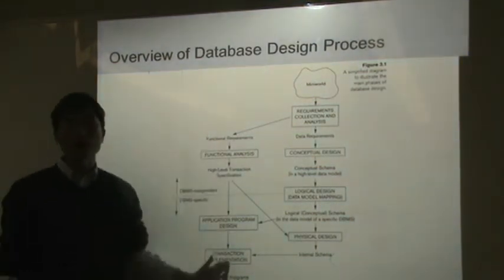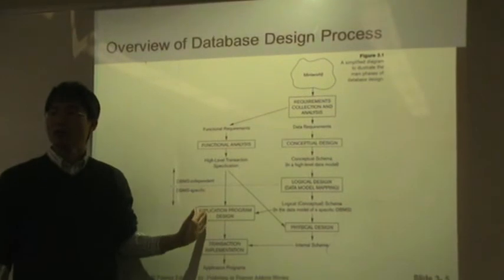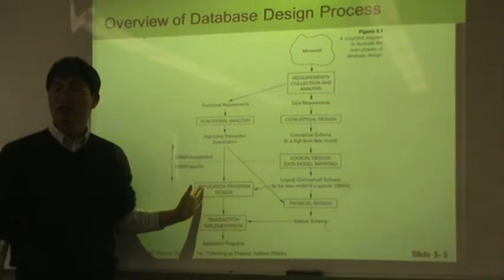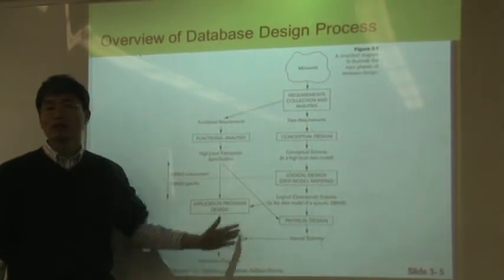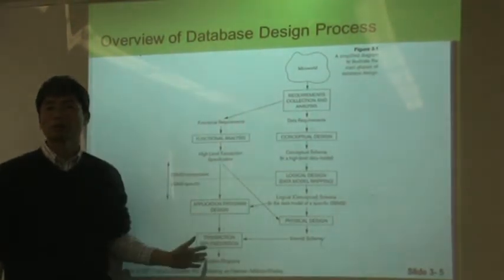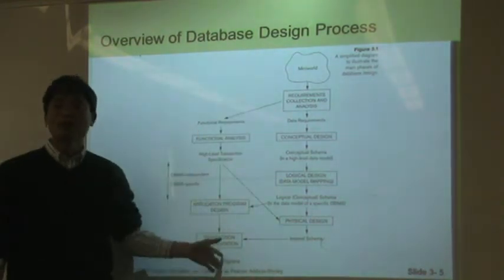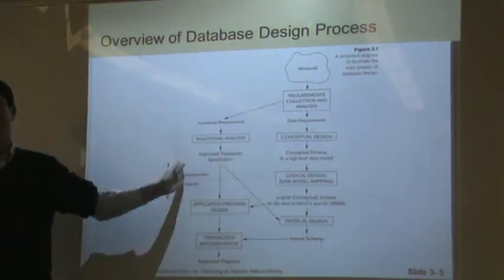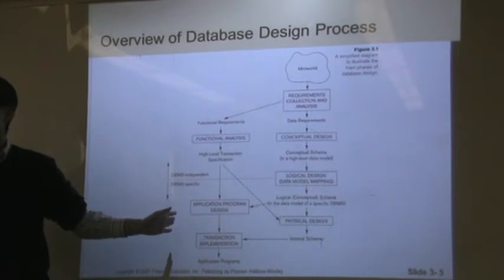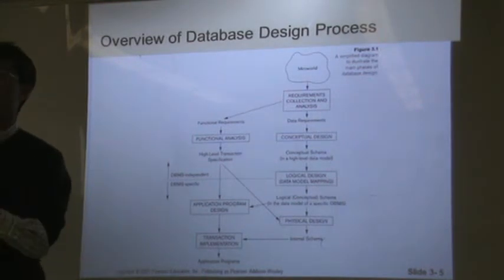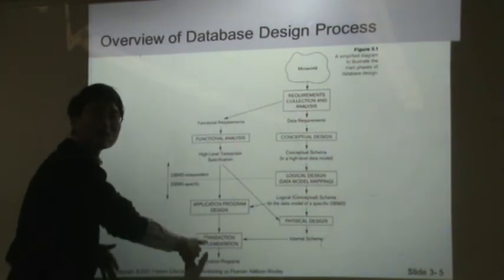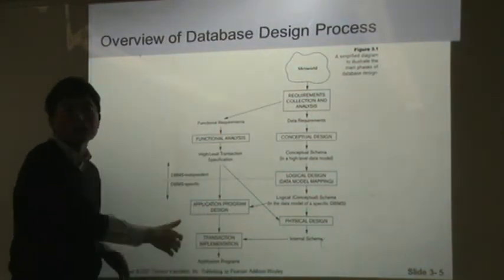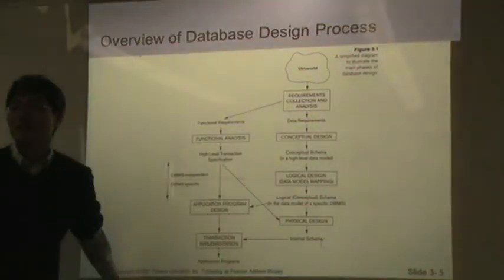Have you ever seen this part? Where did you see this process? In the first chapter? No. In your software engineering. And if you did any computer science project or programming project, you probably followed this process, whether or not you realized it.